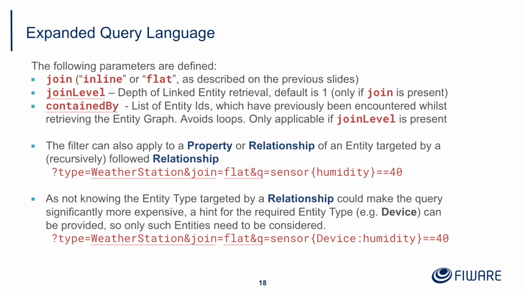The query language has been expanded to cover this information as well. So you can have join inline or flat. The default join level is only 1 because this can be a very expensive operation. It is easier if you are just spreading your attributes, your data, within one context broker, because then that's basically just one database call.